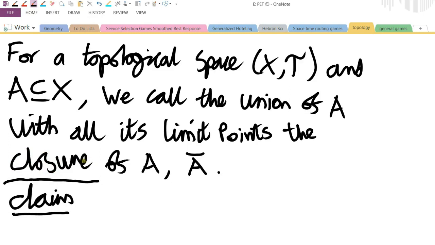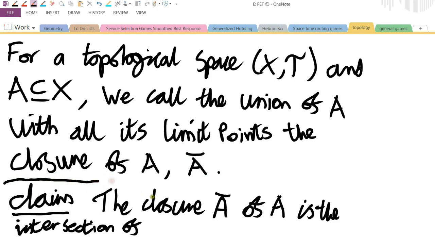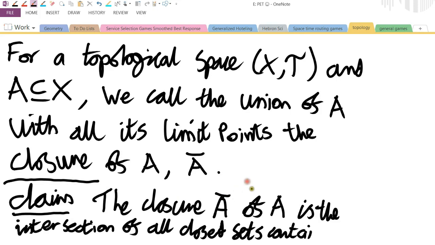The claim is that the closure of A is the intersection of all closed sets containing A. So that's a very neat way of thinking about what this is.